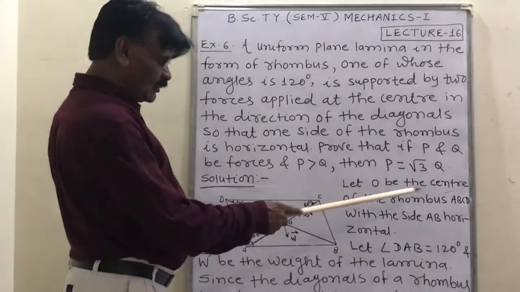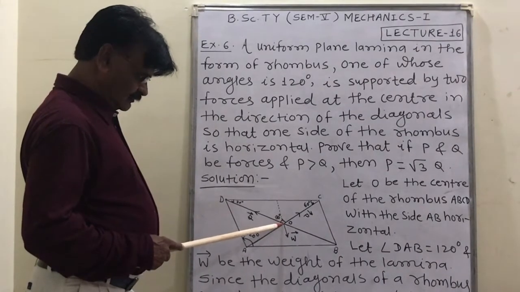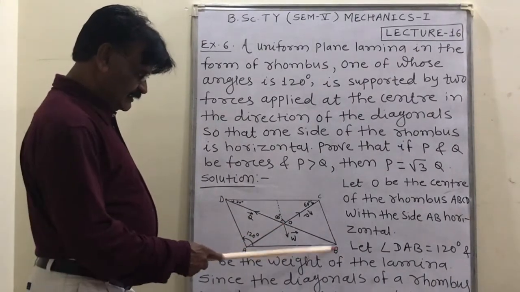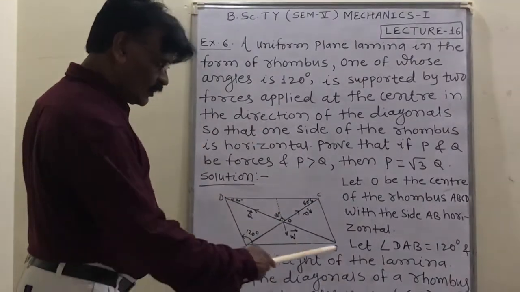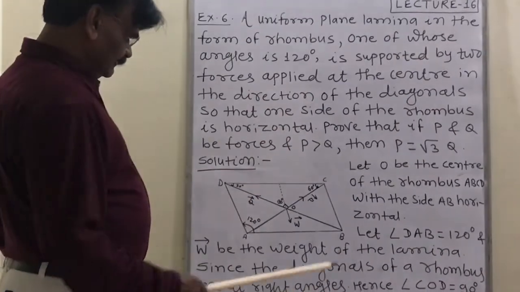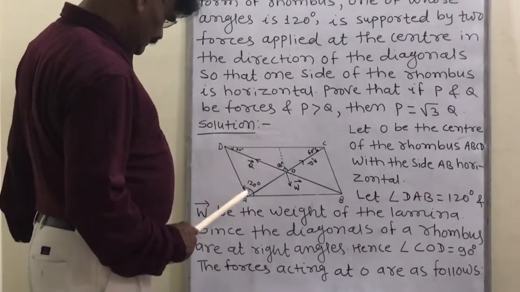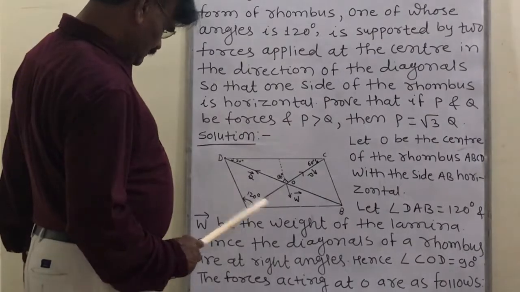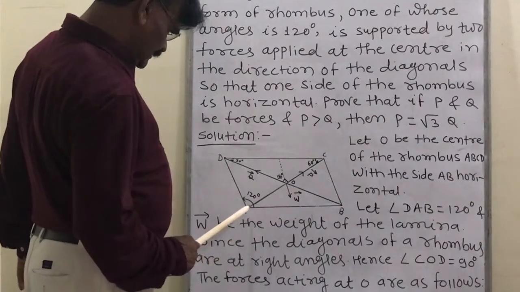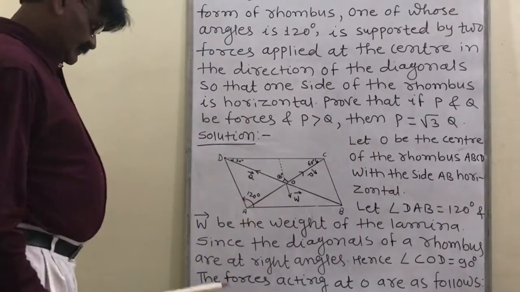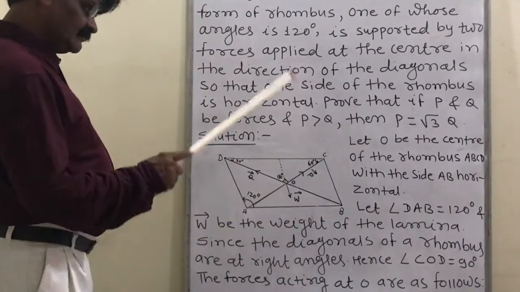Let O be the center of the rhombus ABCD with the side AB horizontal. Let angle DBA be 60 degrees, the angle being 120 degrees, and let W be the weight of the lamina.